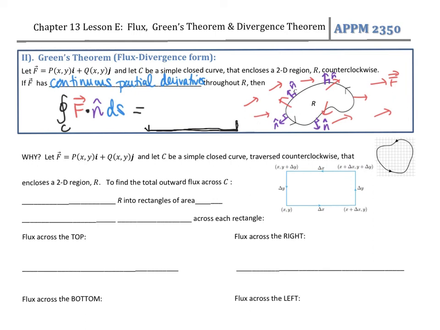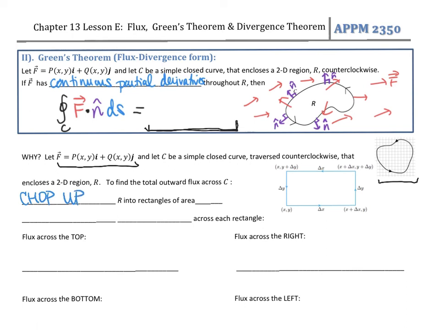All right, so what we're going to do is rewrite our vector field F as P i plus Q j, and then we're going to imagine chopping up the entire region into a bunch of little subrectangles, and we're going to approximate the flux across just one of those little subrectangles inside the region. And I'll show you why.